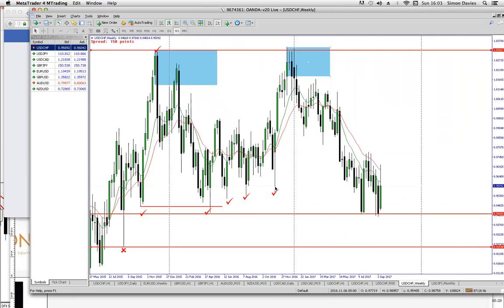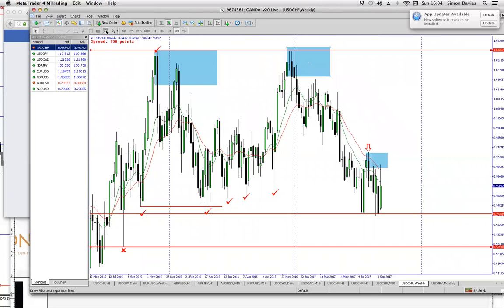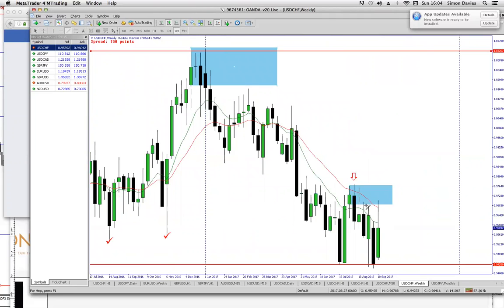So with this in mind, you just keep building the picture of where it's heading. We've got a swing high here, and we've just recently on the weekly come up and ran stops here. So everything's telling me it's going down right now.